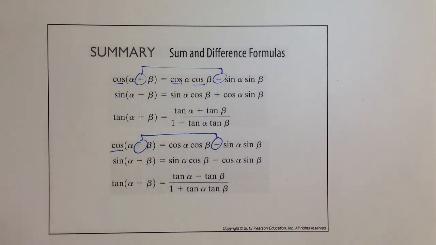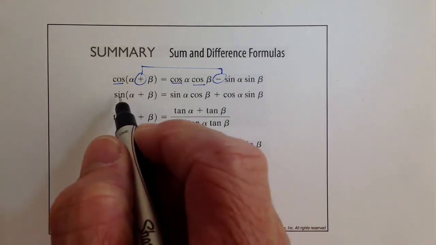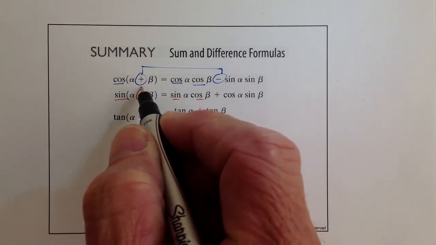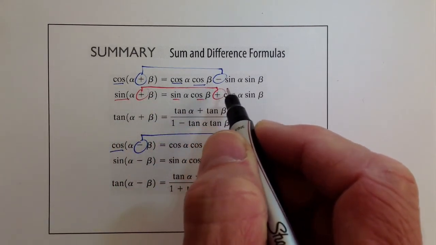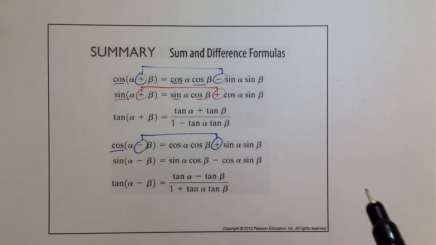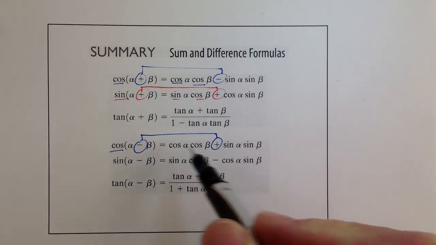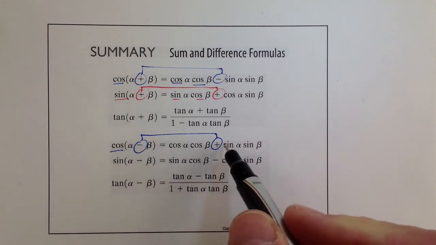And the other pattern for the sine would be sine cosine, but the signs are the same. There's got to be a good mnemonic for that. Sine, if it's sine, then the signs are the same. Cosine, so the signs are opposite.